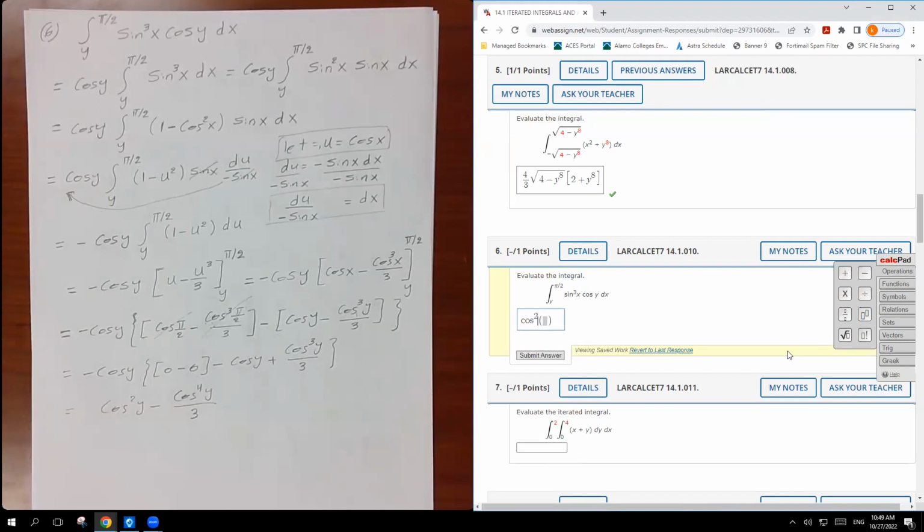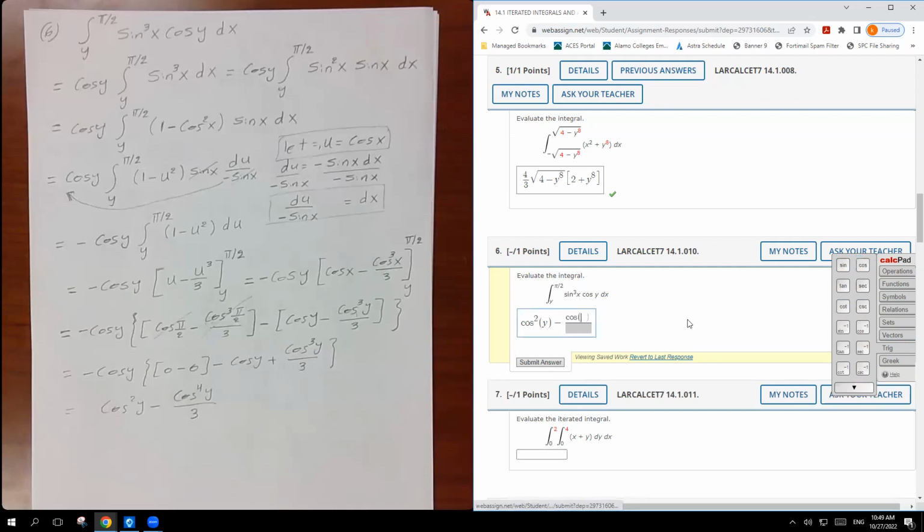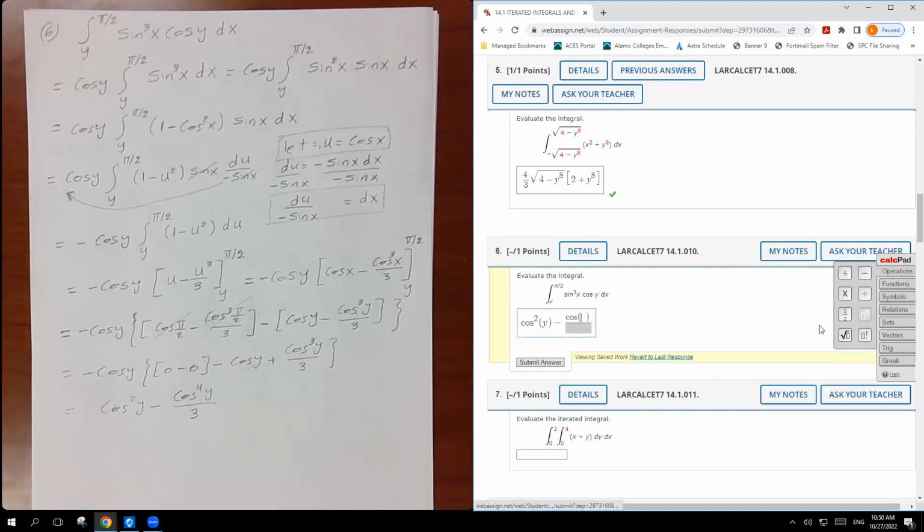Yeah, cosine squared to the y and minus cosine to the power 4 out here.